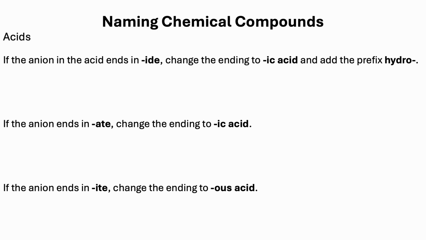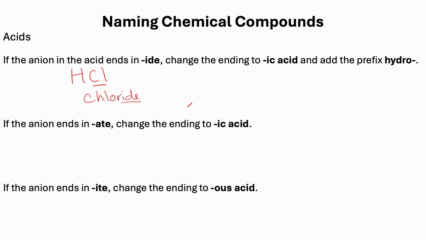Next group is acids. When you are writing names of acids, there are some rules you need to follow. If the anion in the acid ends with IDE, change the end into IC and add the prefix hydro at the beginning of the name. As an example, if you have HCl formula here, we know this is chloride, right?